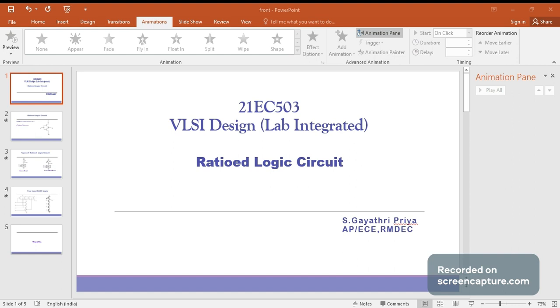Let us see the pseudo NMOS logic of the same 4 input NAND. What we have done is we have given the inputs as usual, that is, we have taken 4 NMOS transistors. For the 4 NMOS transistors, the inputs are A, B, C, D. In the place of 4 PMOS transistors, the pull-up network is entirely replaced by a single PMOS transistor.